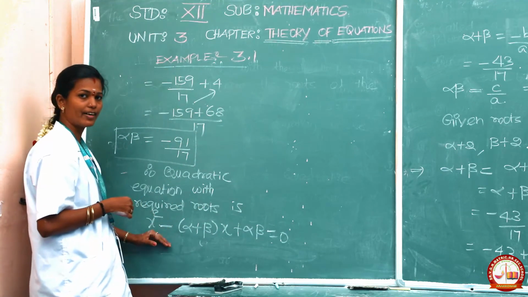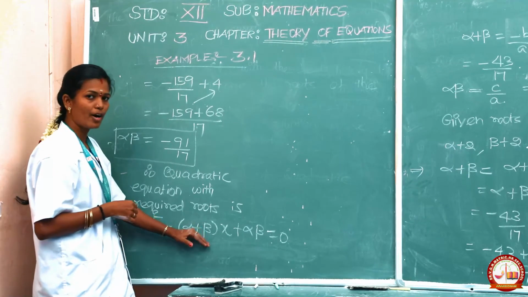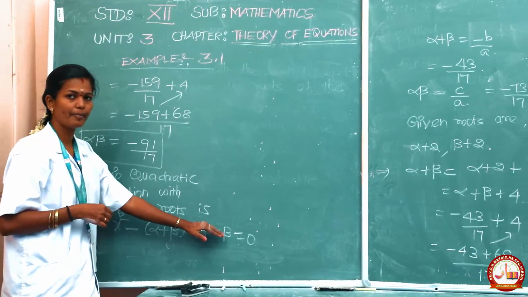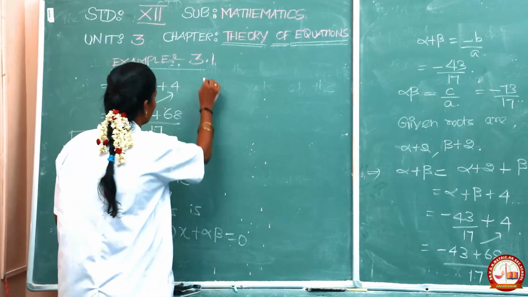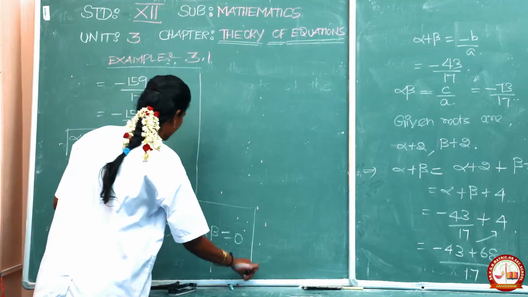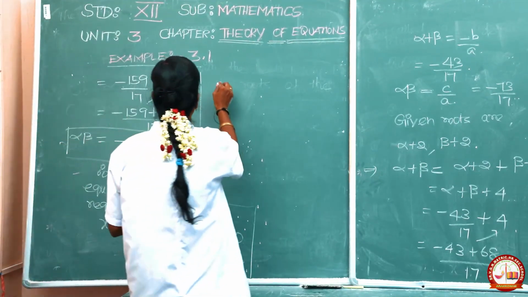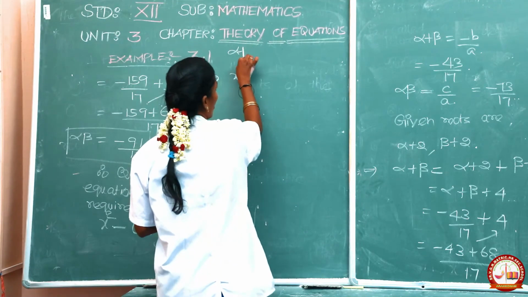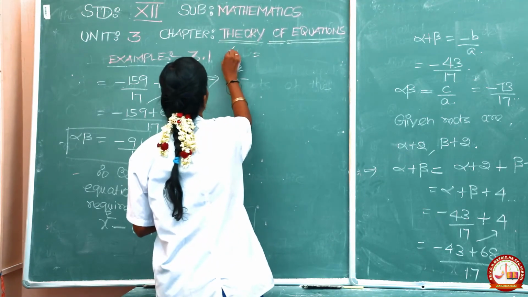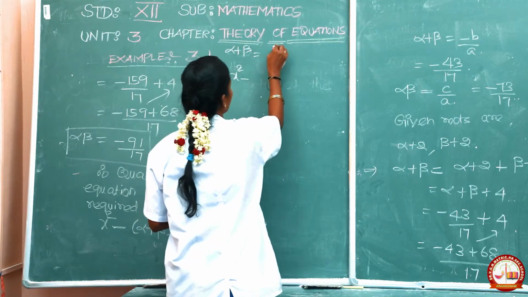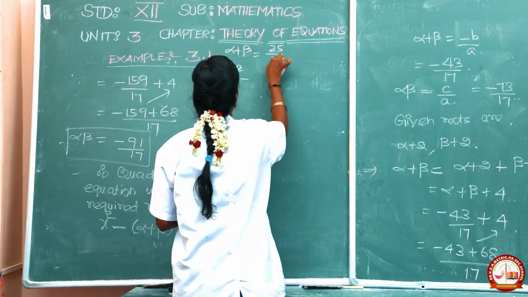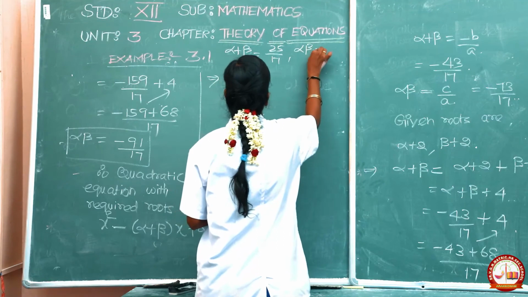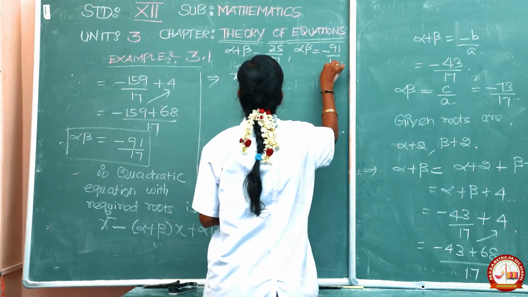This is the required equation. Shall we substitute the values here? X square minus, what is the value of alpha plus beta? 25 by 17. Alpha beta is equal to minus 91 by 17.